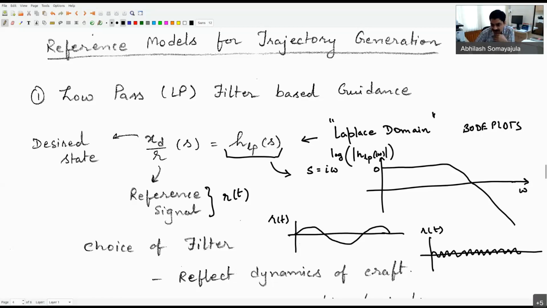Yes. But when I give the right hand side signal as the input to the same filter, what will happen? That is a high frequency signal. So the value of log of that mod will be lower. And when we multiply that with this signal, it will go down to 0 maybe. Correct. So its amplitude decreases.